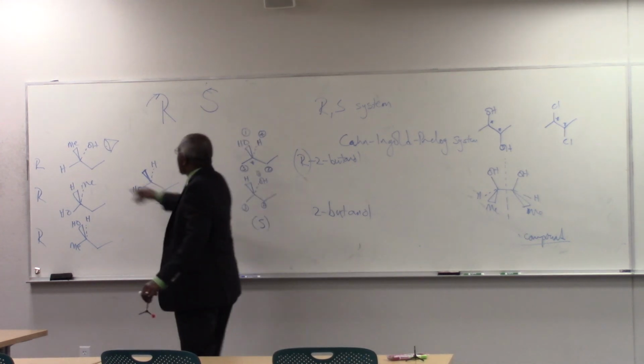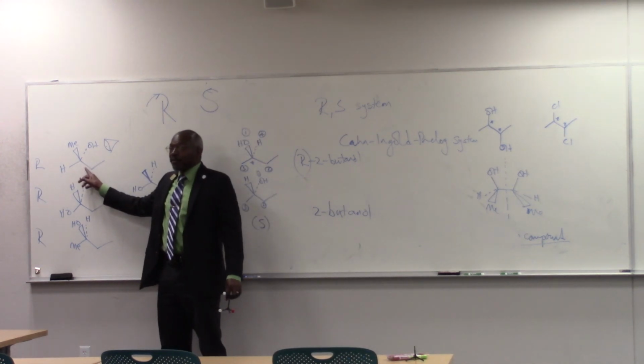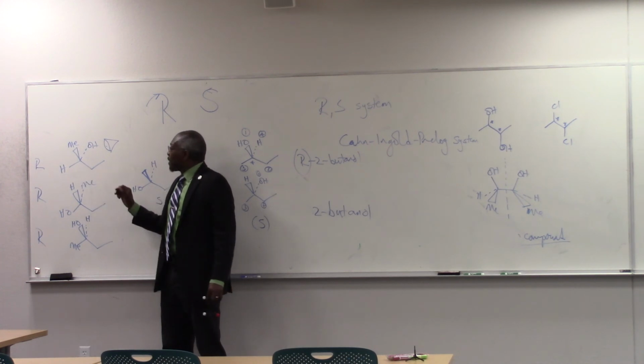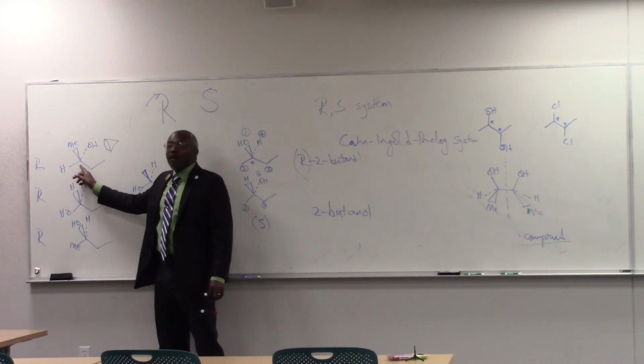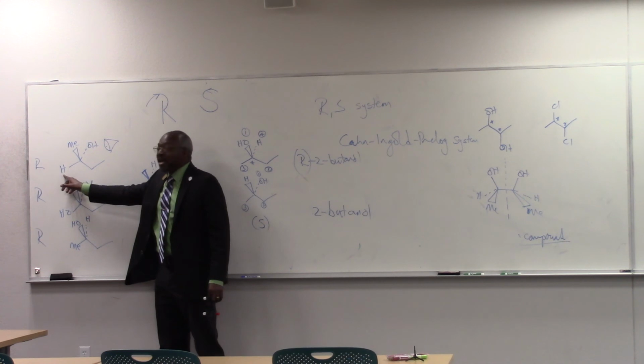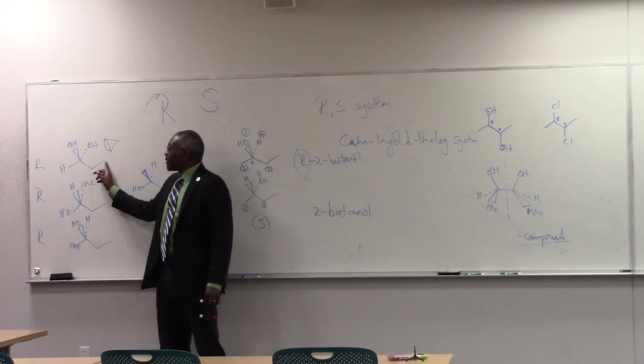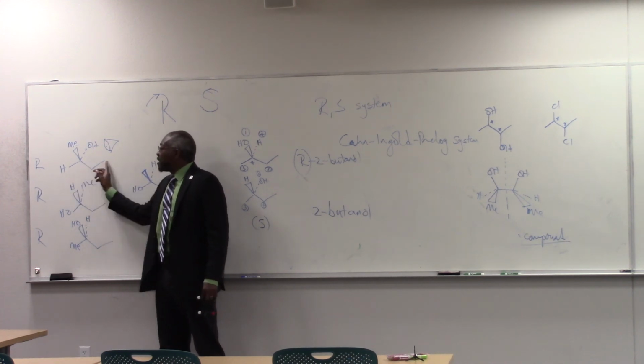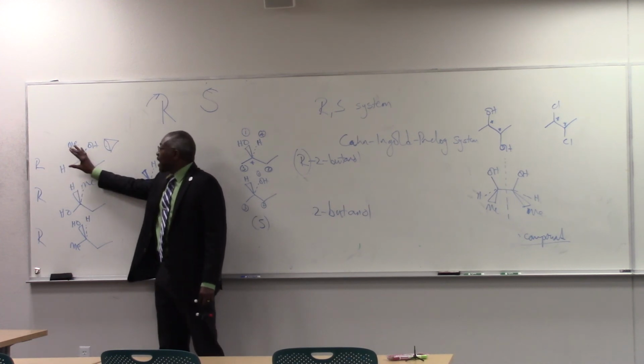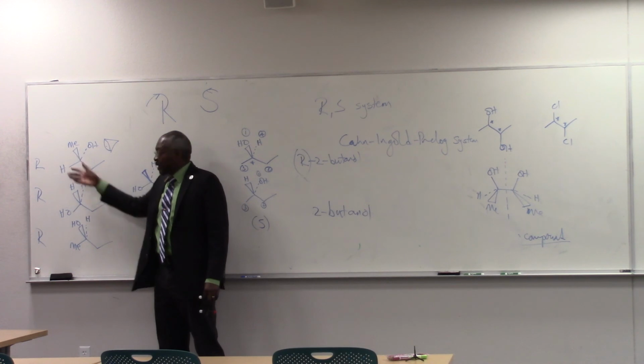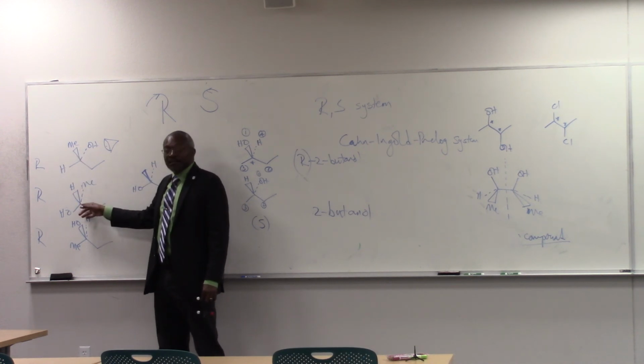And I know that. This was R. And in this conformation, this H and that methyl have a dihedral angle of 180 degrees. I rotate, but that is still R.